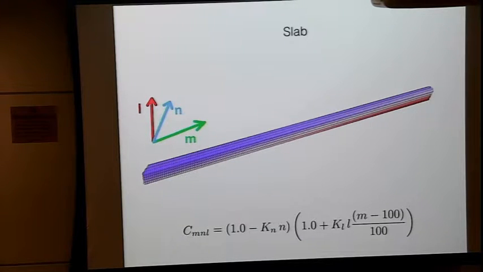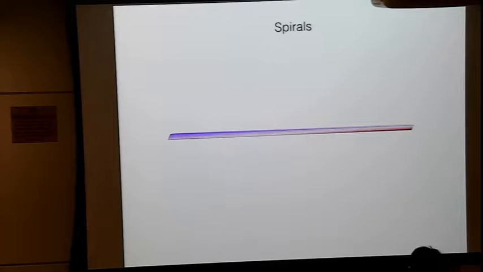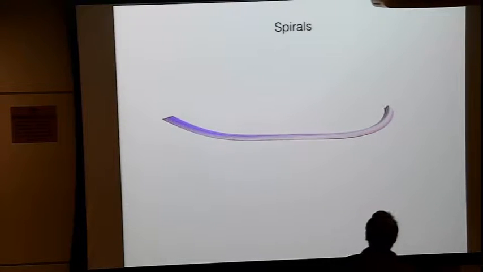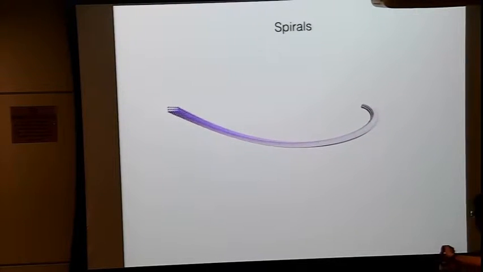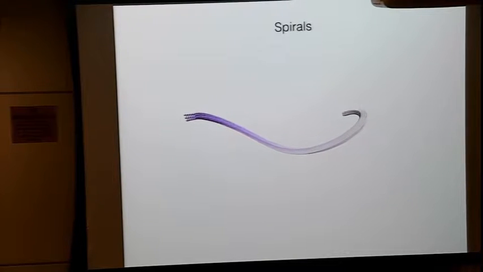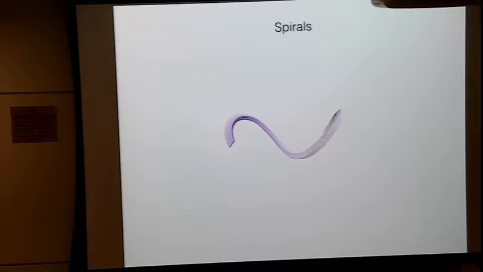So let's see what happens in this case. So now it's bending and twisting. So this generates this spiral-like configuration.